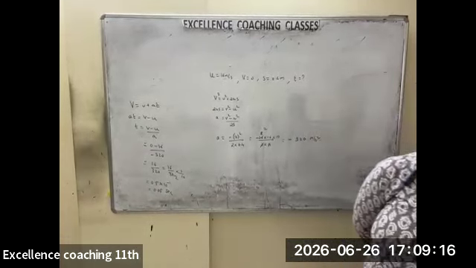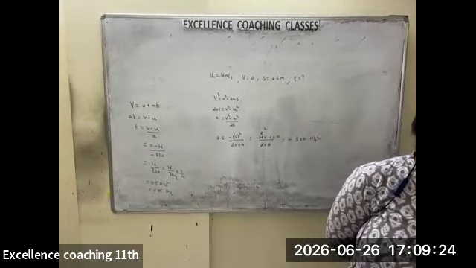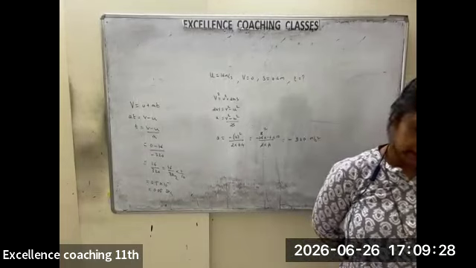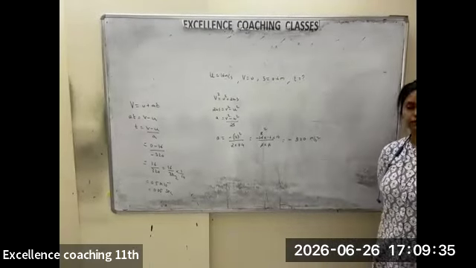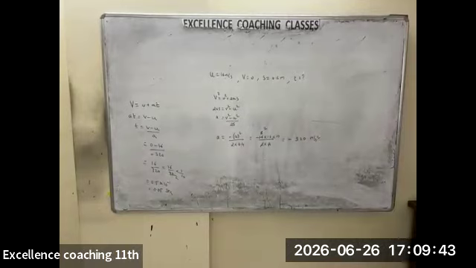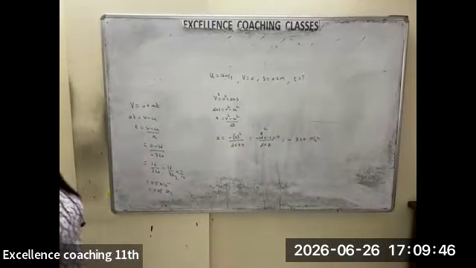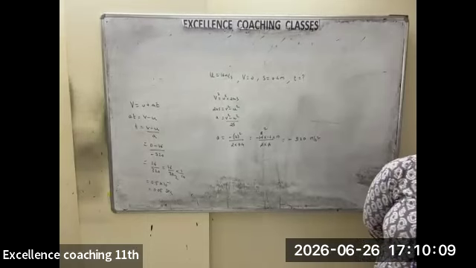Read the next one. Read it carefully. Starting from rest, a body moves with a uniform acceleration of 2 meter per second square.